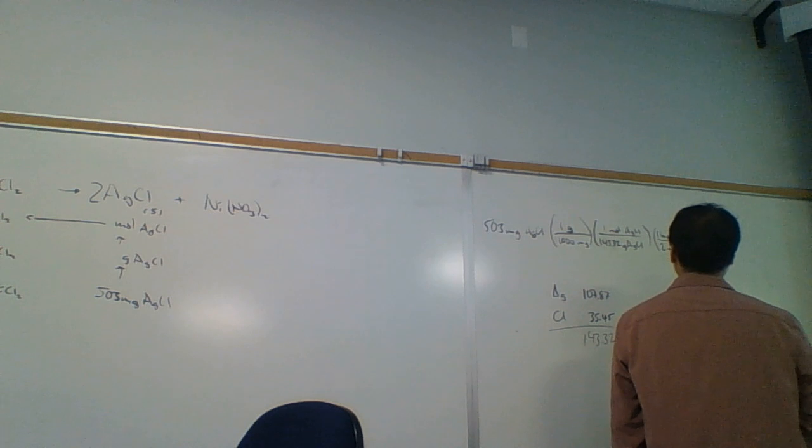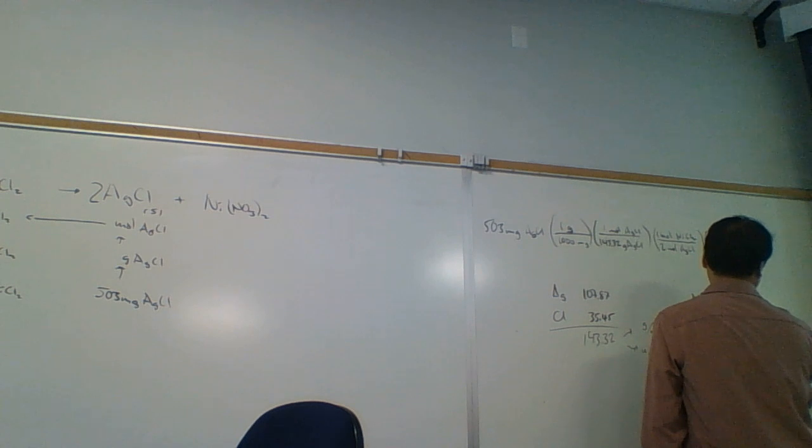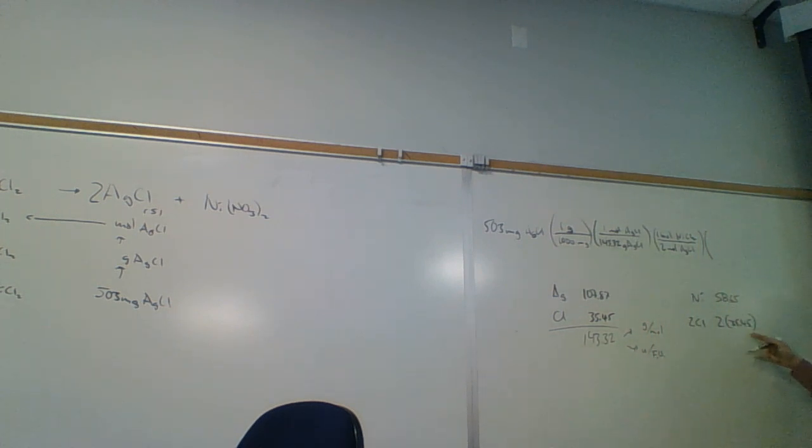And then we have 2 chlorines, 2 at 35.45, that gives us 70.90. So let's add them up. So you're going to have 5, 15, 9, 129.55 grams of nickel-2 chloride per mole. Now, nickel-2 chloride is also an ionic compound, so it's going to be a mole of formula units, not a mole of molecules.